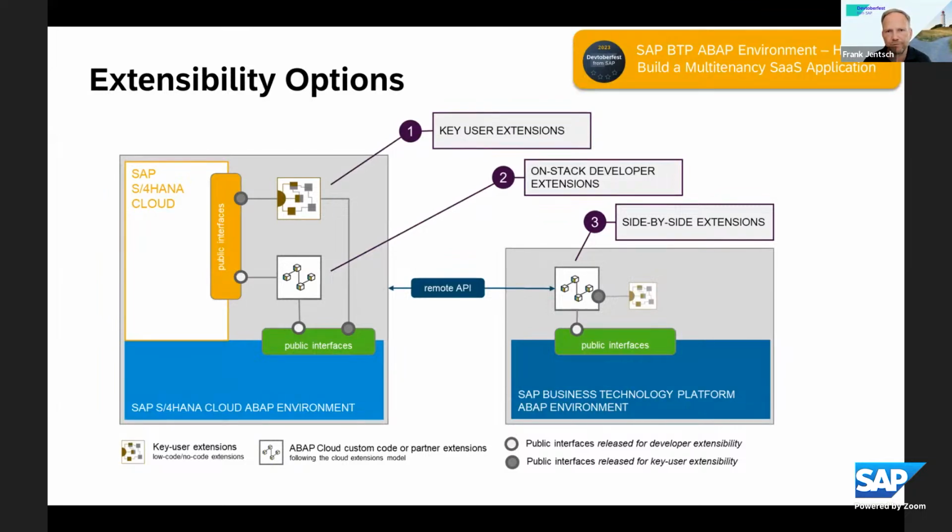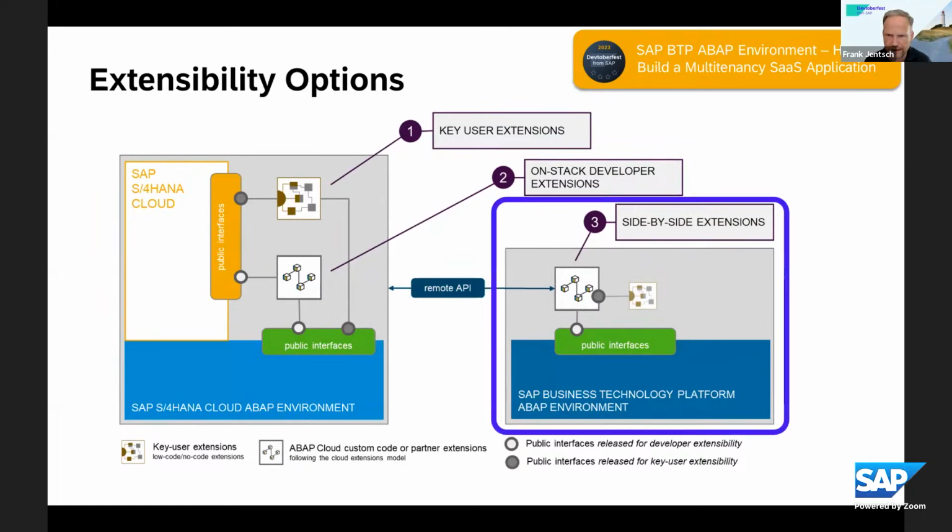We have the key user extension option, we have on-stack developer extensions, and we have the side-by-side extension option. And this is exactly the purpose of my presentation, the purpose of the Steampunk product, the ABAP environment in BTP, and this is intended for side-by-side applications.